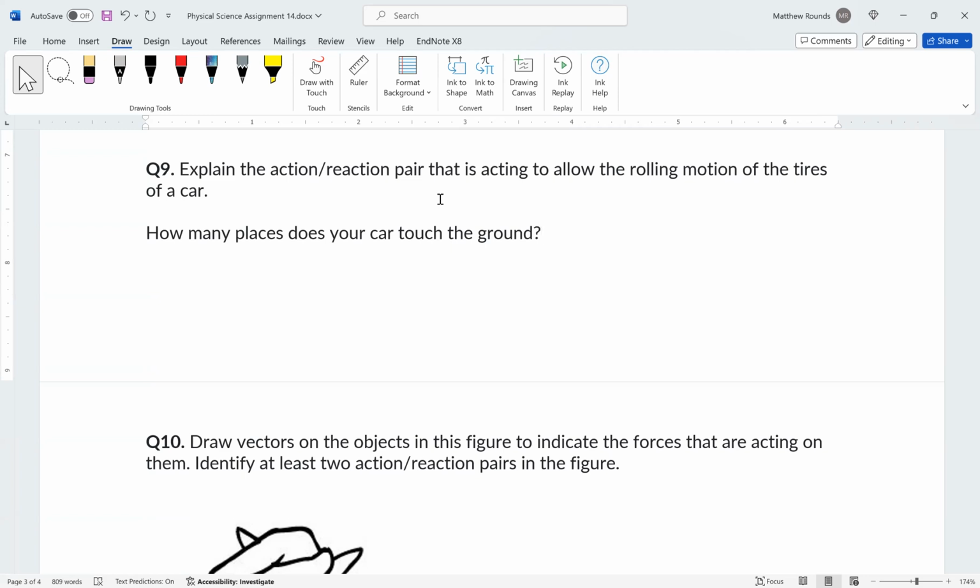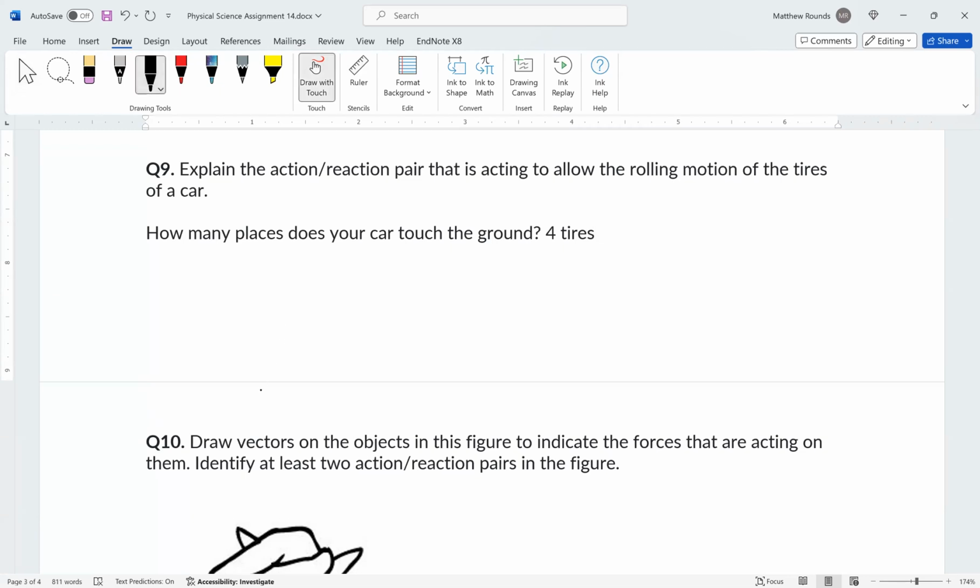Not everything touches the ground. The wheels. Actually, it's the tire. The wheel is inside the tire. How many tires do most cars have? Cars have four tires. Okay. So you might mention in your answer that there are four tires that touch the ground.